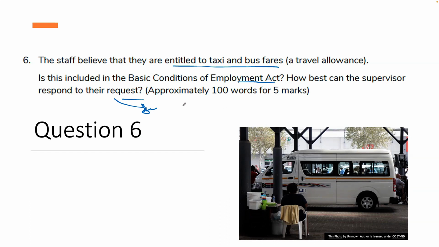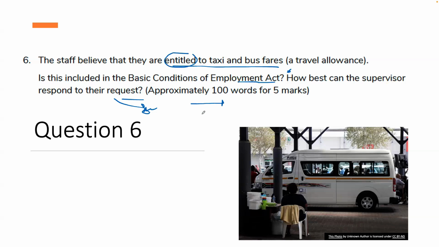You can say that no, it's not part of the Basic Conditions of Employment Act, and you can quote the section. However, as part of the employment contract that was signed, when employees work a certain shift, they are given a travel allowance, or they will be provided with suitable and safe transport to go home. That can be written into the employment contract, which is different. And remember, if that is written into the employment contract, it can also be taken away. It's not an entitlement.